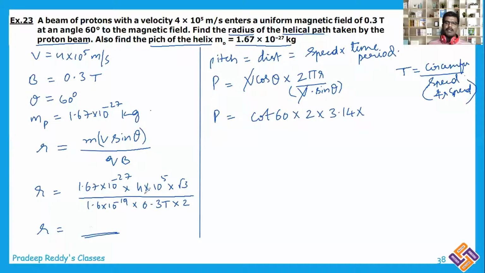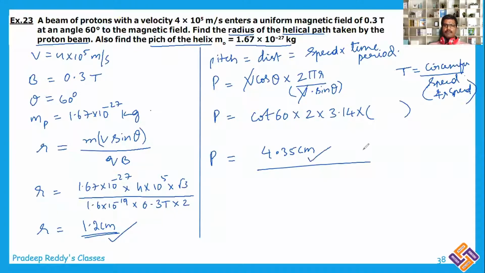Whatever value you get here, that radius of curvature you need to substitute, so that you will get the pitch of the helix. If you substitute all the values, you will get R as 1.2 centimeter, and for P you should take this R, 1.2 into 10 power minus 2, in this place, and you will get the pitch as 4.35 centimeter.